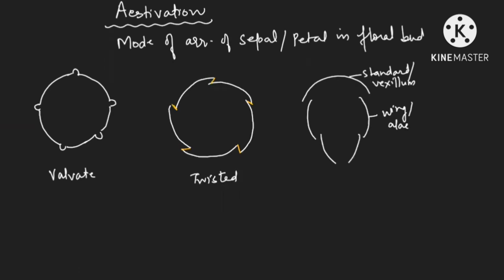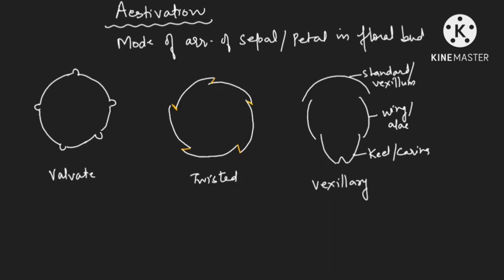Here I have to show the fusion, so I am just doing this way. So this is keel or carina. Because we are giving importance to vexillum, this is also known as vexillary estivation. Here we will not do any other fusion, only this type of fusion is there, that is shown by the keel. Is it clear?